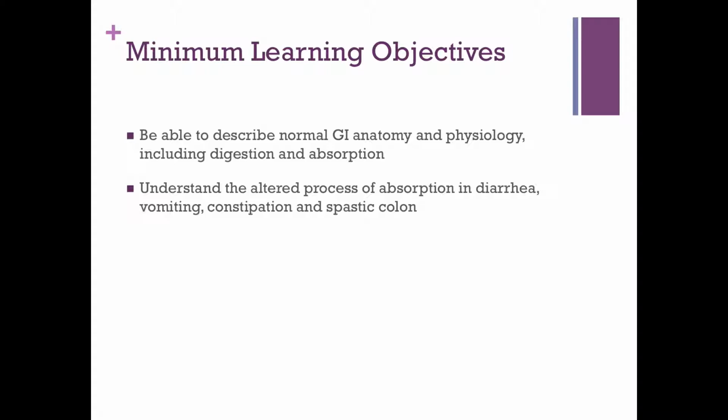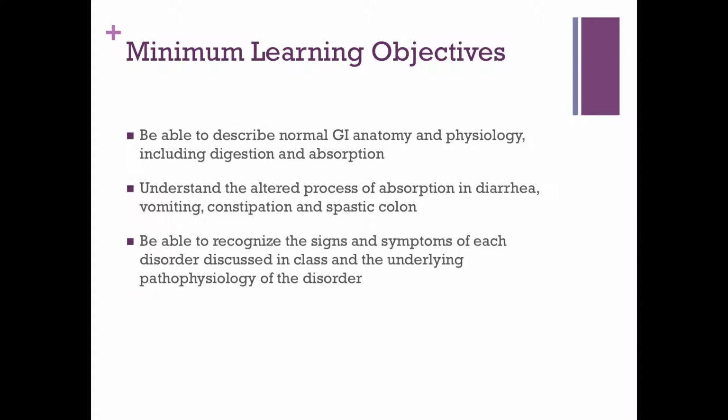Then we'll get into all of these different pathologies that are going to involve altered absorption, diarrhea, vomiting, constipation, or a mixture of both. We call that spastic colon, or now irritable bowel syndrome. All of these disorders are going to have sometimes really similar signs and symptoms, but there will always be something really important or different about each of these disorders.